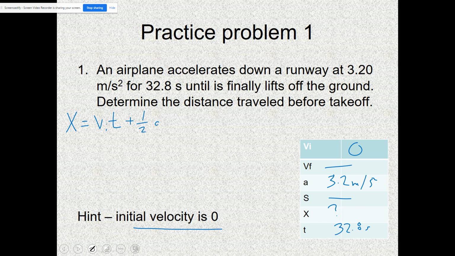x = vi t + 1/2 a t squared. Now, the nice thing about this is that vi is equal to 0, so I can get rid of this part of the master equation. And really, it's just 1/2 a t squared. So I can start plugging some numbers in: 1/2 the acceleration, which is 3.2, times the time, which is 32.8 squared.